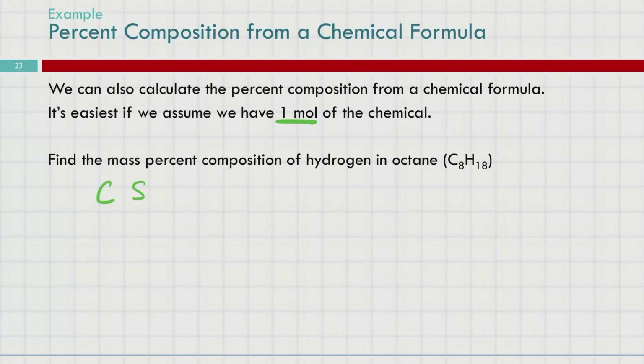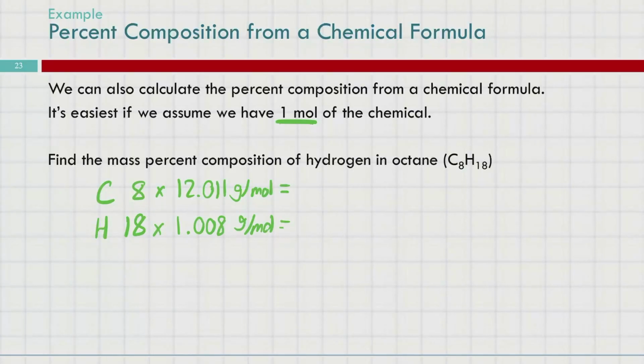So this C8H18, we want to figure out what the molar mass is for it. So for carbon, we've got 8 of those. They're 12.011 grams per mole each. For hydrogen, we've got 18 of those, 1.008 grams per mole for each of those. I am going to actually calculate these out individually.